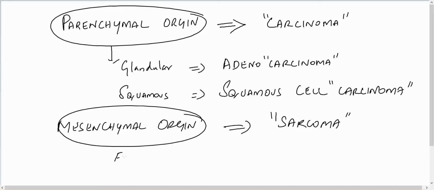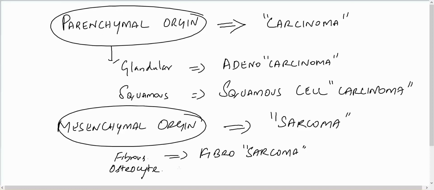If they form fibrous tissue, then it is called fibrosarcoma. Or if the origin of the cell is from osteocytes, which are bone cells, it is called osteosarcoma.